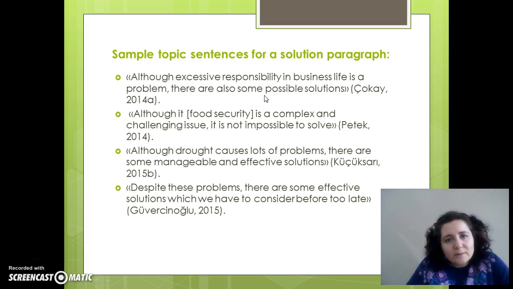These topic sentences for the solution paragraph also address the problems in the previous paragraph and the solutions to be presented in this very paragraph. So I believe they are really good topic sentences.